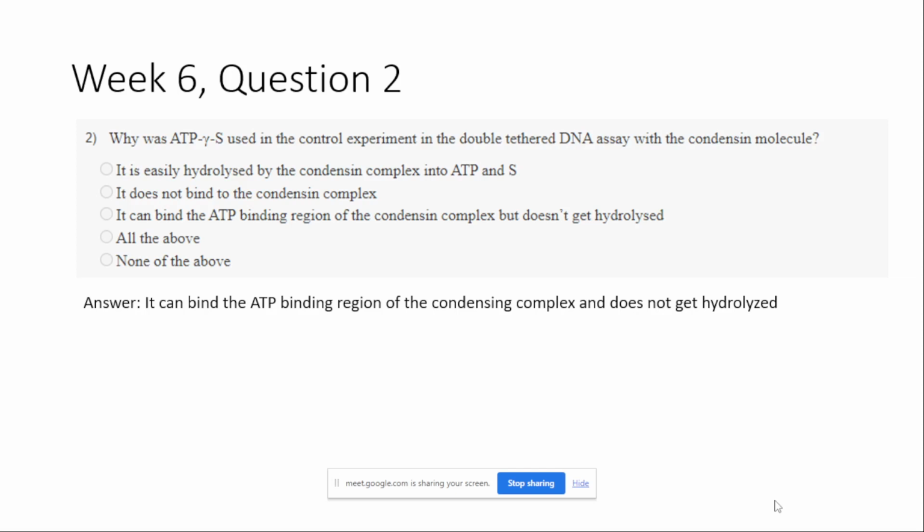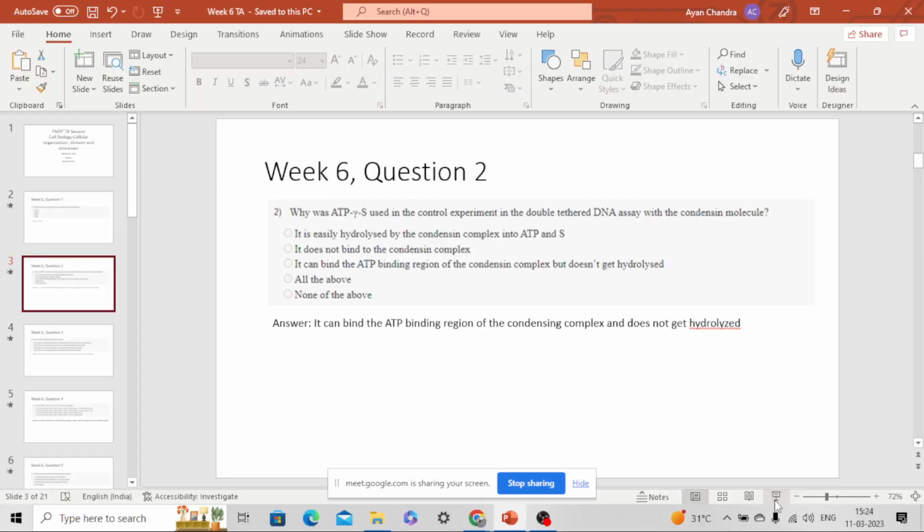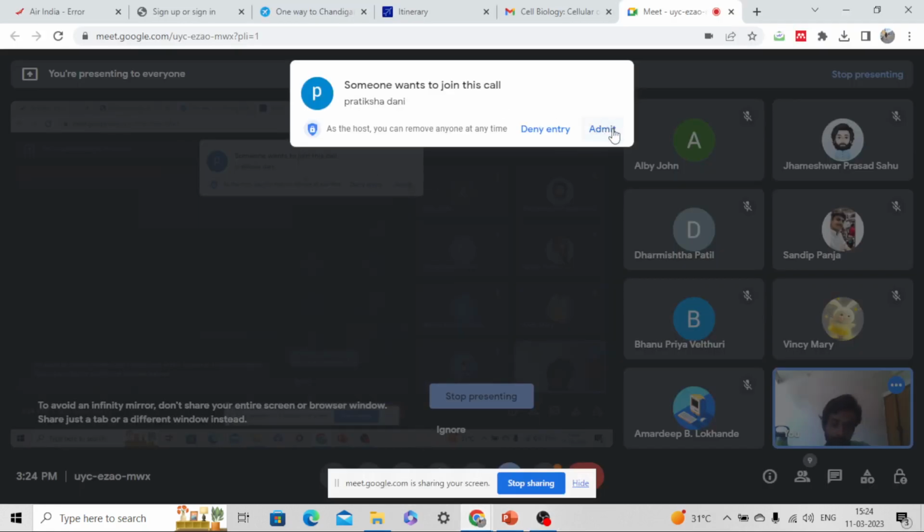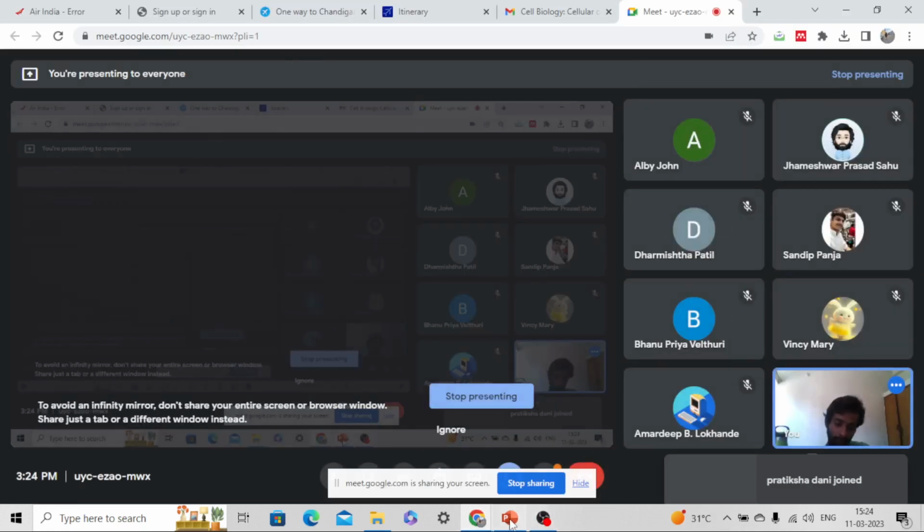Anyone want to explain? Like, so that we can identify the ATP. Normally ATP will get hydrolyzed to ADP, but in this case the ATP will remain as ATP. Yes, so that it will be in the form of ATP, not in the form of ADP. Okay, fine.